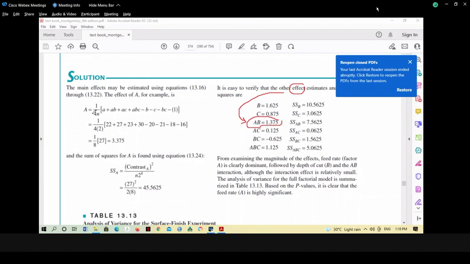This is the effect of A. You can also calculate the effect of AB using the contrast. You can use the formula to verify. Using the formula, the effect of AB, you will get similar to the one that I just demonstrated using graphical analysis.